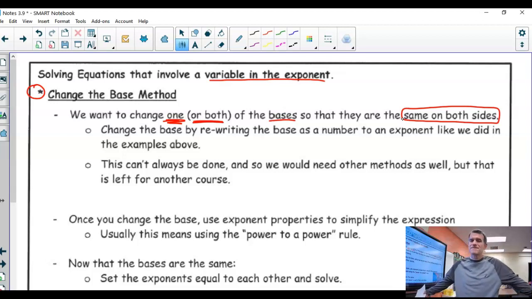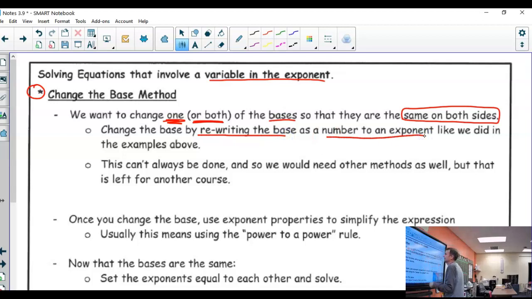Now, because this is what we're doing, you will be able to do it, right? You will be able to find numbers that you can write both sides as to an exponent. This is how you change the base. You change the base by rewriting the base as a number to an exponent like we did in the examples above.